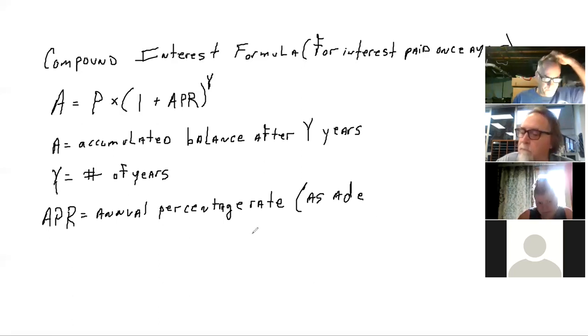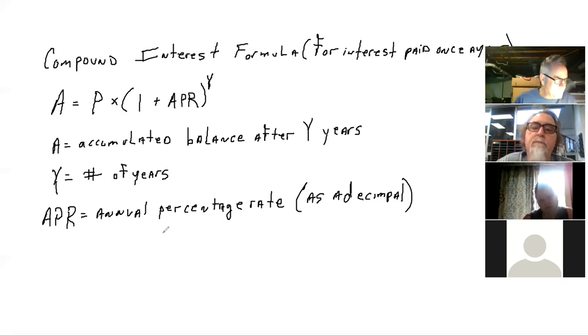But that's like in my simple little problem, where I said 10%. You can find a return of 10%, an APR of 10%, jump on it. I've never seen it. And then P, as we had mentioned before, is your principal, so your starting principal.